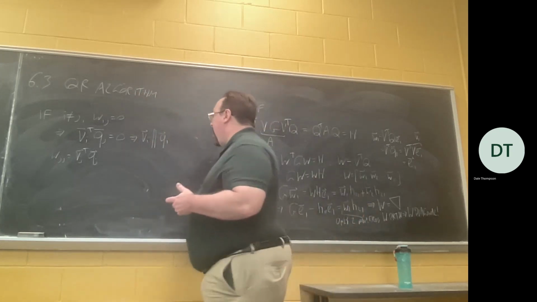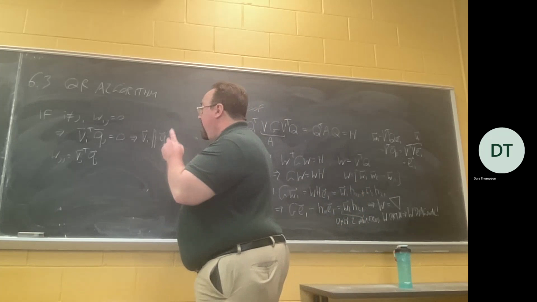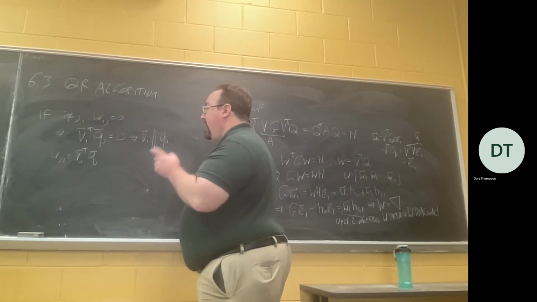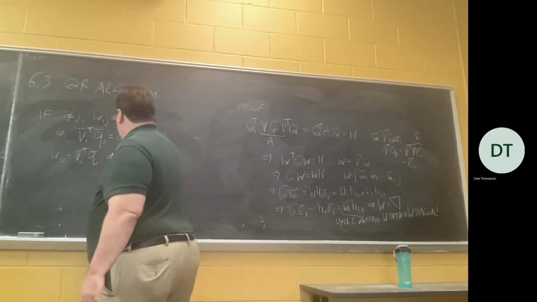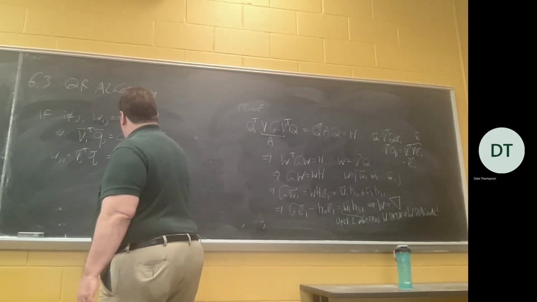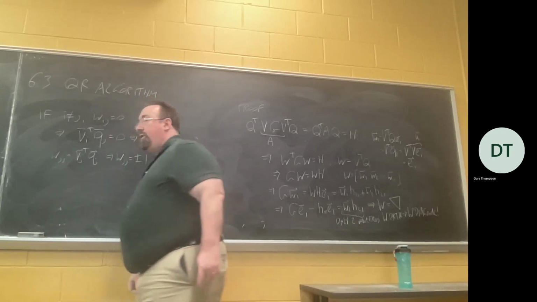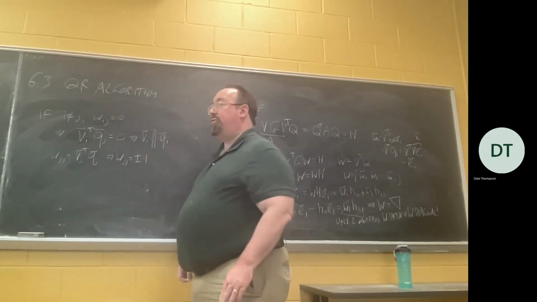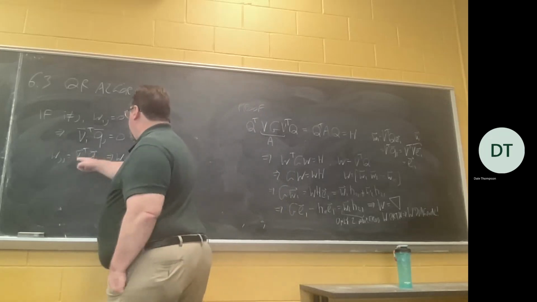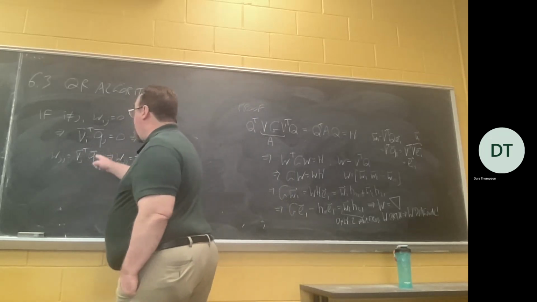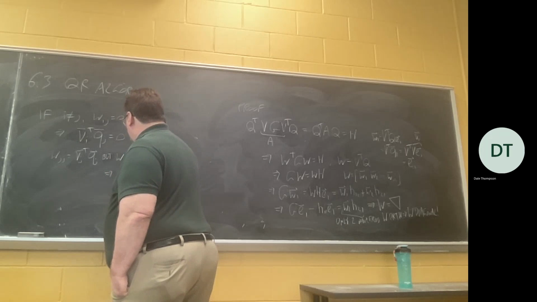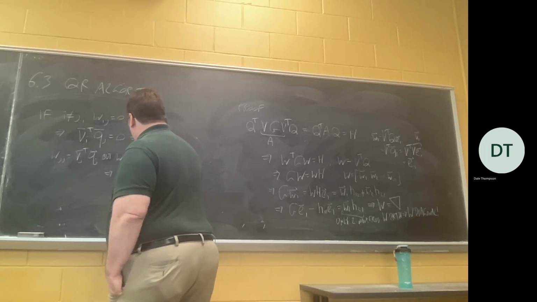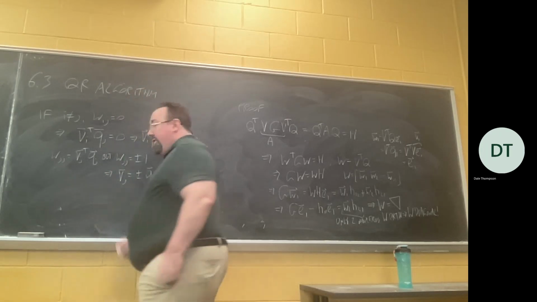But we can actually say more than that because W is orthogonal and diagonal. So the only way that can happen is for each of the diagonal entries to be plus or minus one. And since these vectors are parallel and have an inner product of plus or minus one, the only way that can happen is Vj is equal to plus or minus Qj.